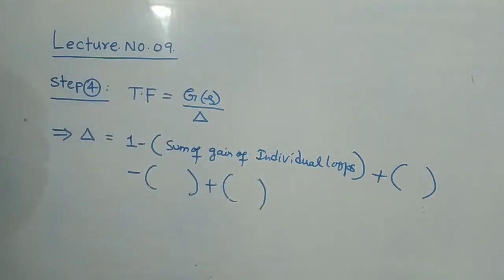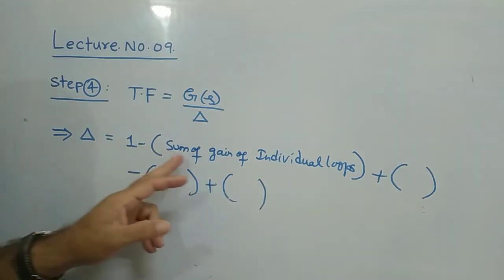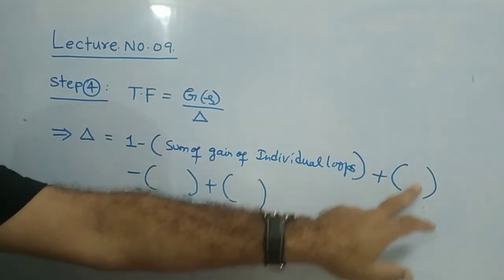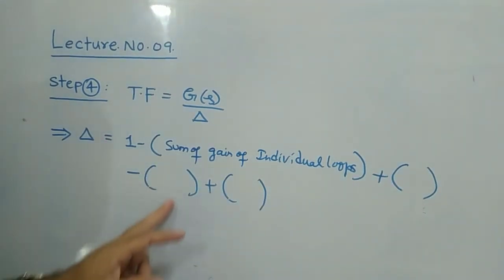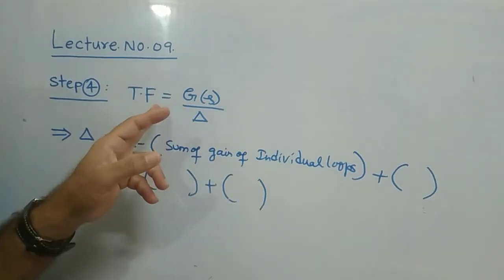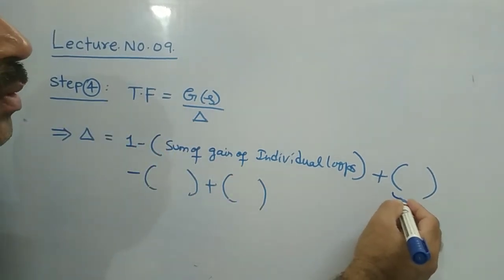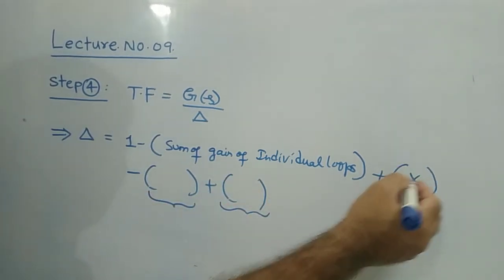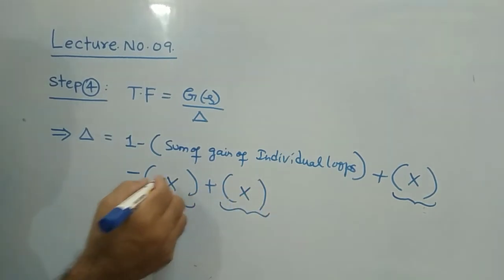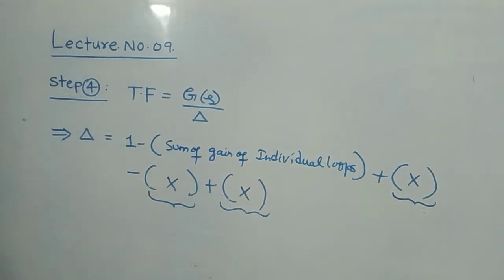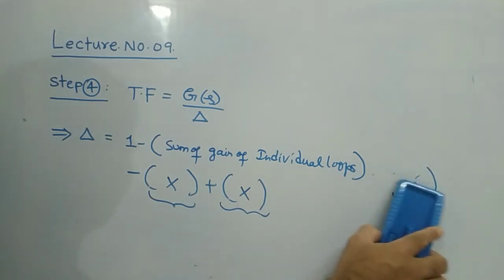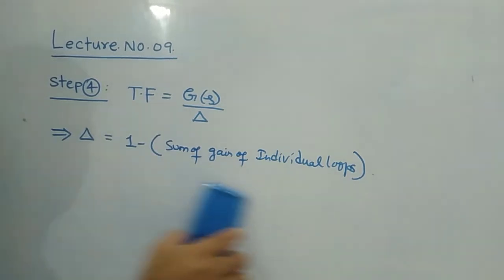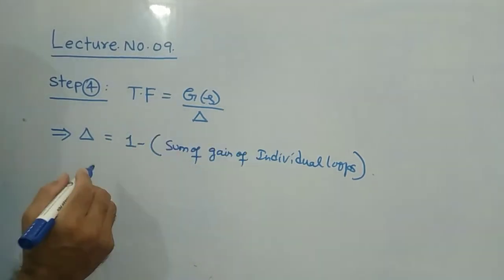For the given problem you don't have any two individual loops, you don't have any three, therefore those terms are not applicable for this problem. You have this much only: 1 minus the sum of gains of individual loops only.